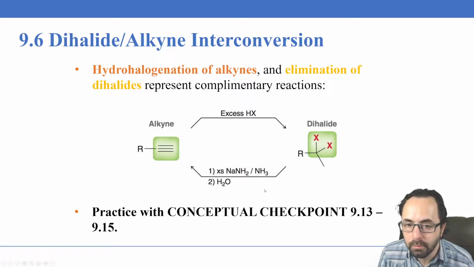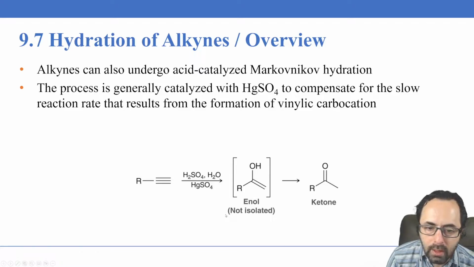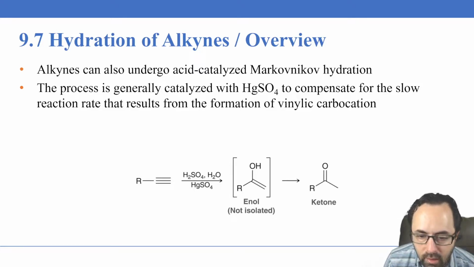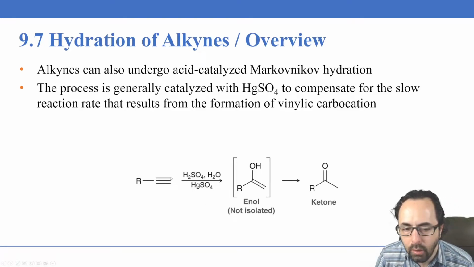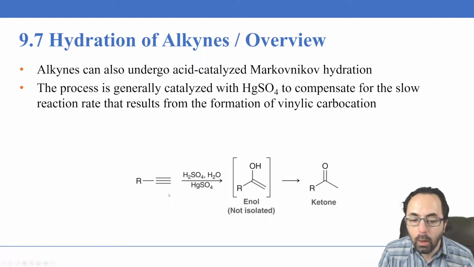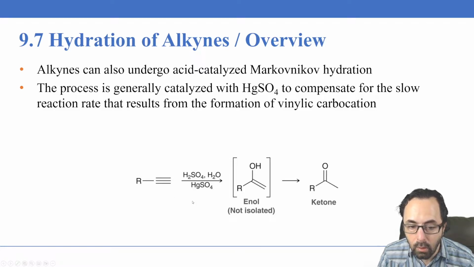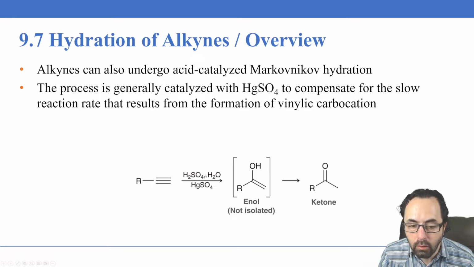Now, when it comes to the hydration of alkynes, we have a little bit of a different situation that occurs here. Because when we hydrate the alkyne and add the H2O, we get an OH in the more substituted position. So here, for example, we have acid catalyzed hydration with the H2SO4 in the water.